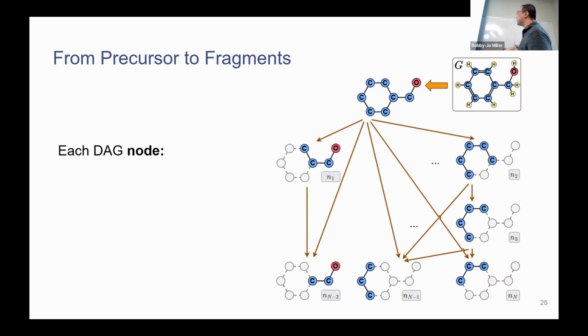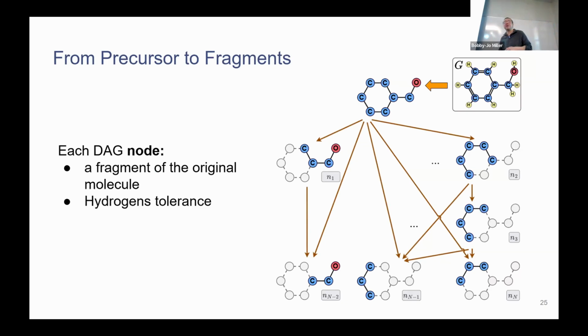Each node is a graph of itself, and we call the whole thing a DAG, because multiple paths go back to the same graph eventually. Each node on the DAG is modeled by a fragment from the original molecule, and we added a hydrogen tolerance here to allow hydrogen transfer without actually doing it.